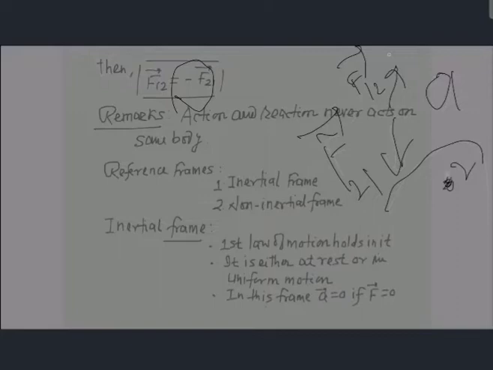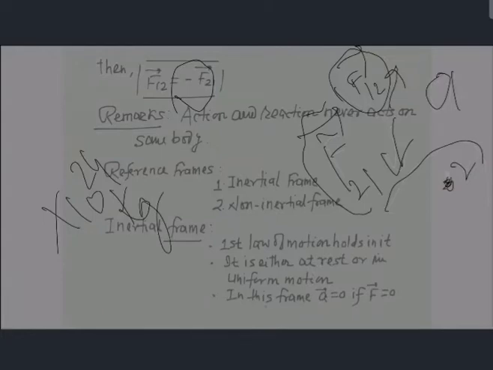Okay, so this F12 force which the ball is applying on earth will produce negligible effect for the earth, because earth is very heavy. Earth's weight is of the order of 10 to the power 24 kg, right? Earth's weight is like that.